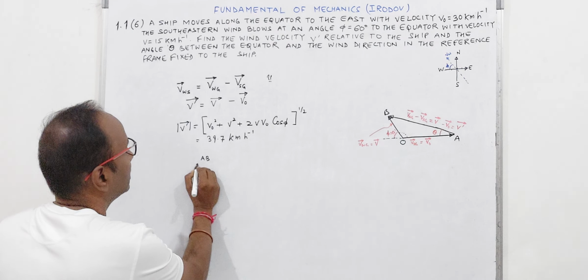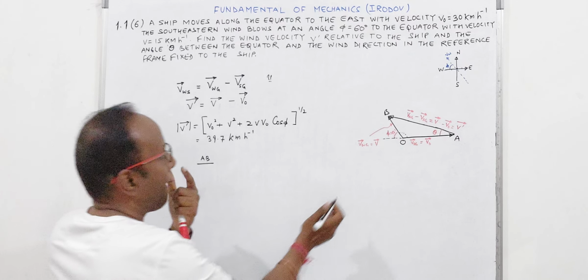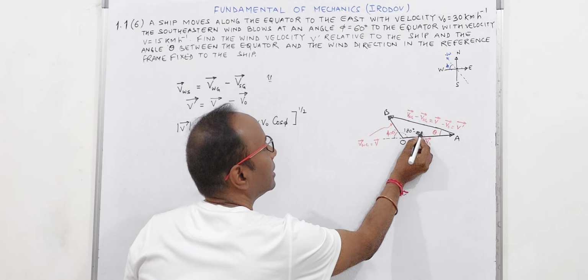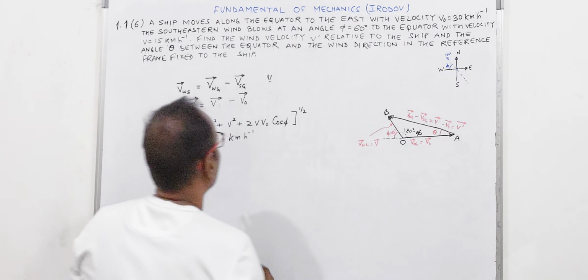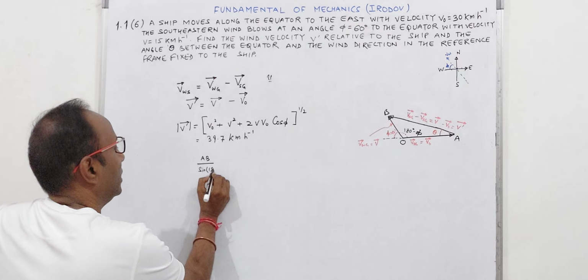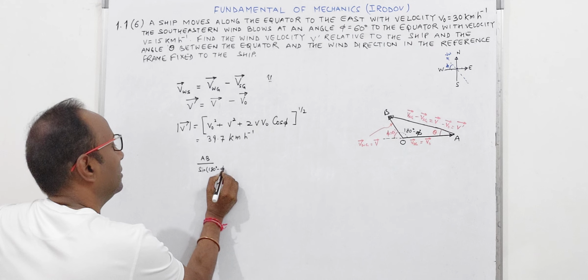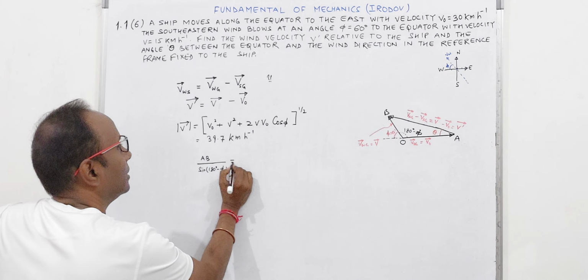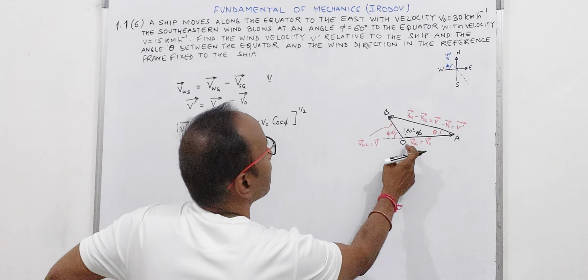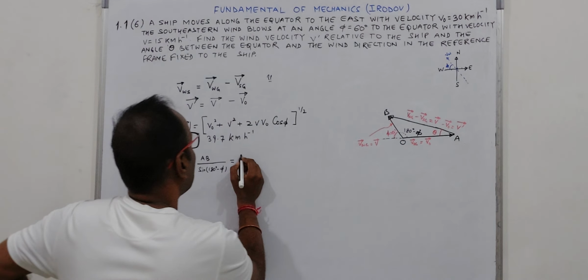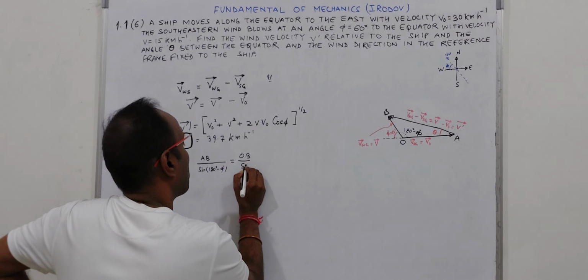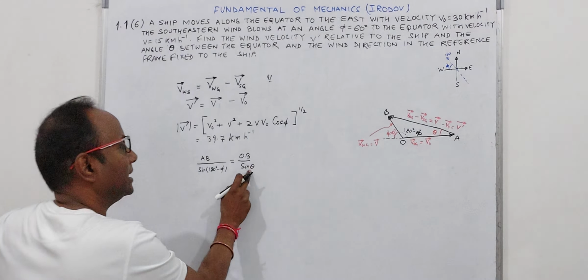So AB divided by sine of 180 degree minus phi is equal to OB divided by sine theta. We have to calculate theta, right?